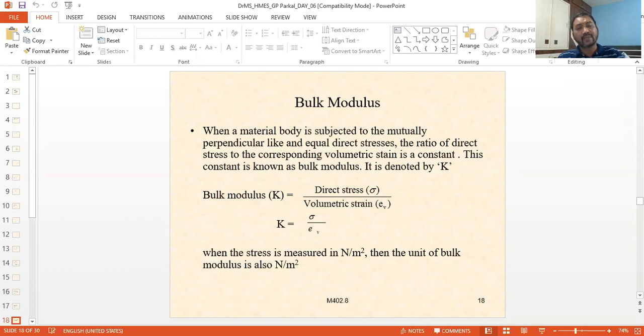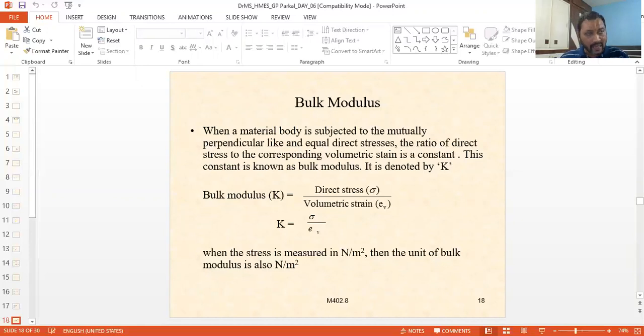Similarly, if a compressive force is applied along the width, it will decrease the width and try to increase the length and thickness. So depending on the nature of the forces, the dimensions will increase or decrease.